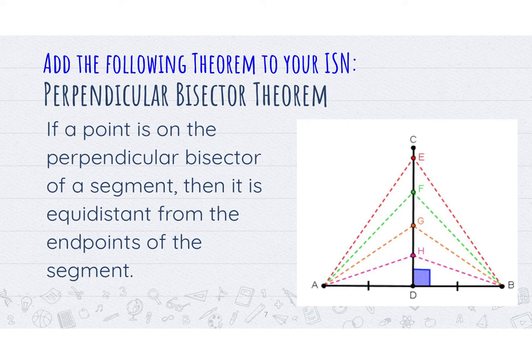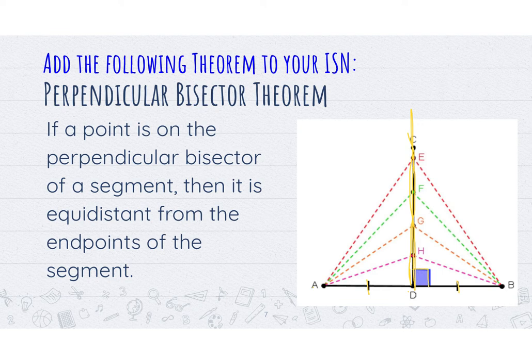So if a point is on the perpendicular bisector of a segment, that means if a point is anywhere on this perpendicular bisector, this D to C, that segment is cutting AB in half, and it's perpendicular to AB.